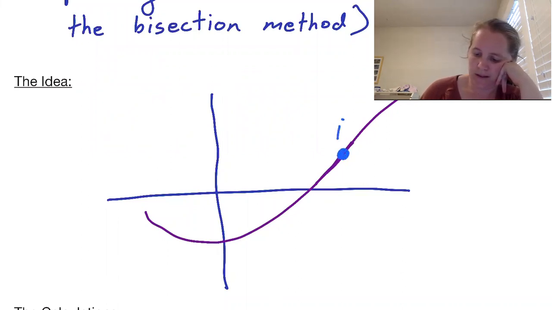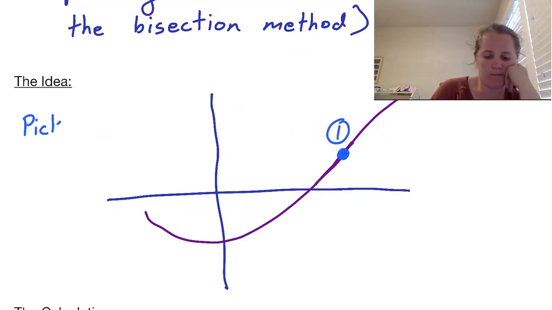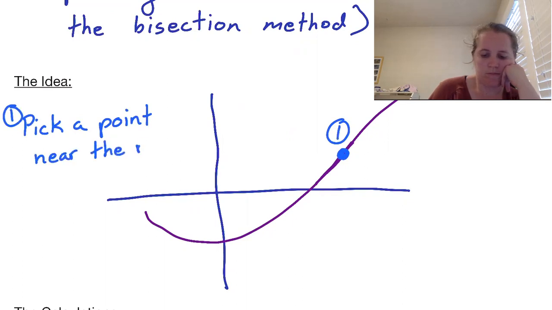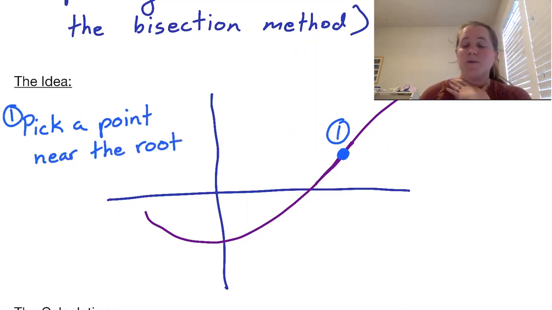So this is step one: we're going to pick a point near the root. And then we will use the tangent line approximation.